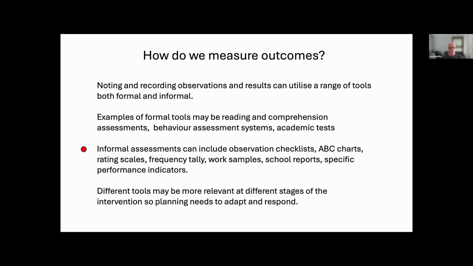Using rating scales to look at intensity or changes in intensity, or changes in anything that we're really looking at measuring, which the rating scales provide a good empirical indication of changes that are made. Frequency tallies as well give us an idea of how often things occur. Work samples, again, provide us evidence of change.